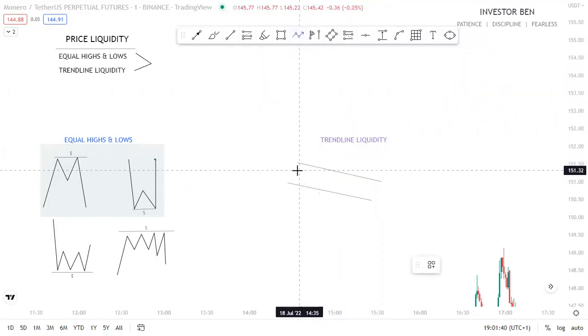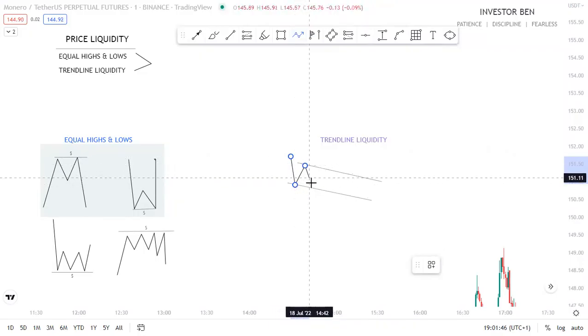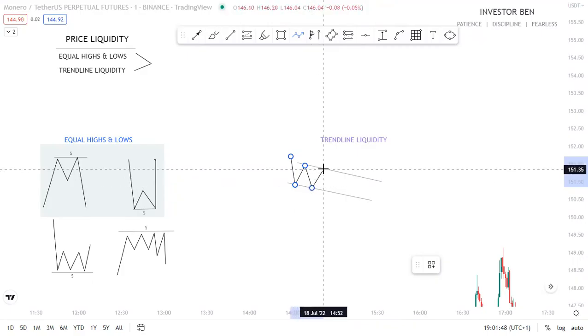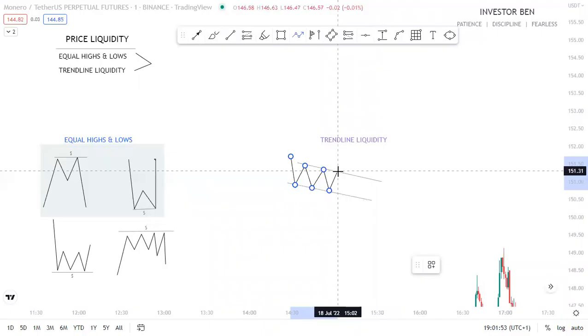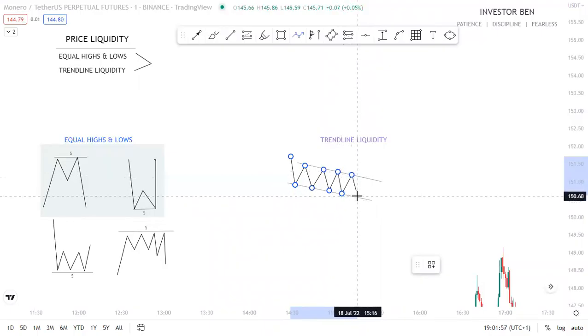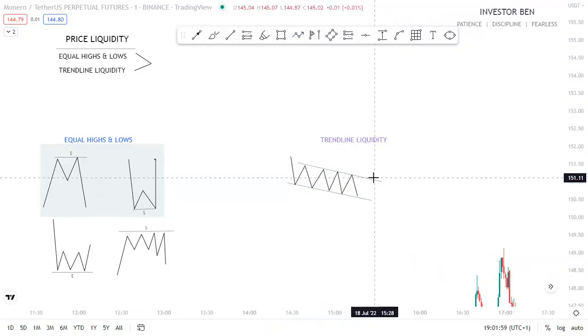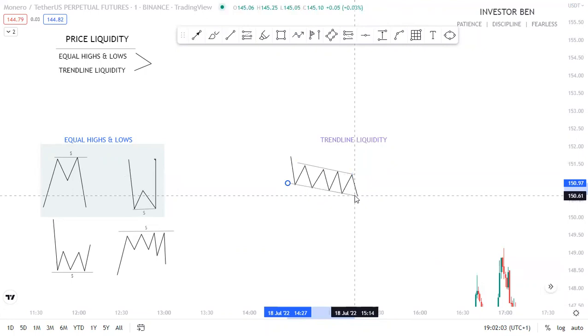So right now, this is trend line liquidity. Let me see, price coming from here, creating minor support and resistance levels in between those levels, right? So now, as price is doing something like this, these are liquidity levels lying in price.